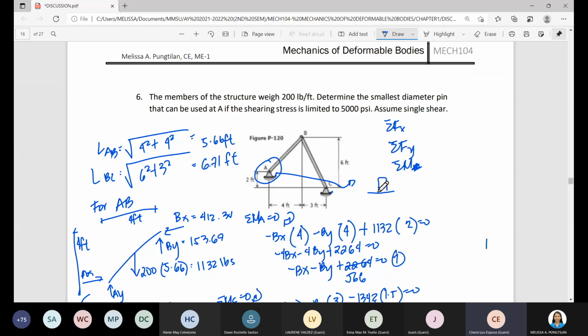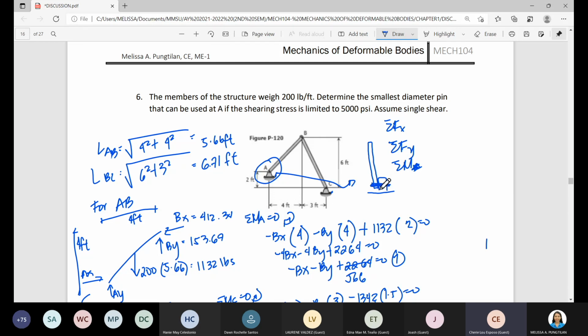So, ito yung structural member AB. So, ang nagdudugtong sa pin at A, support at A, and then yung structural member AB is a pin. Kaya sabi niya, single shear daw lang yung consider natin.